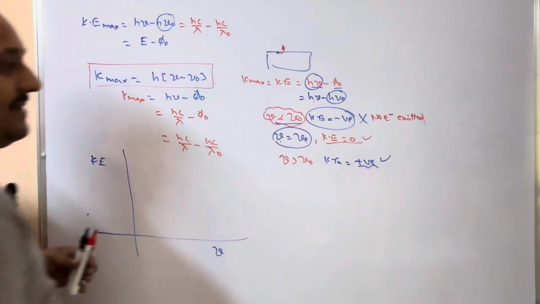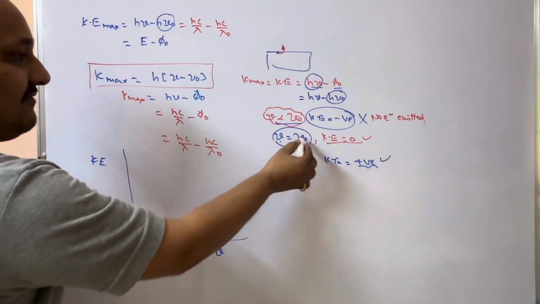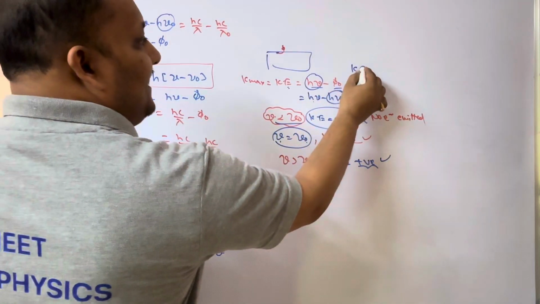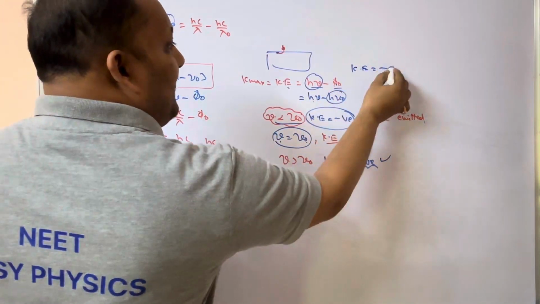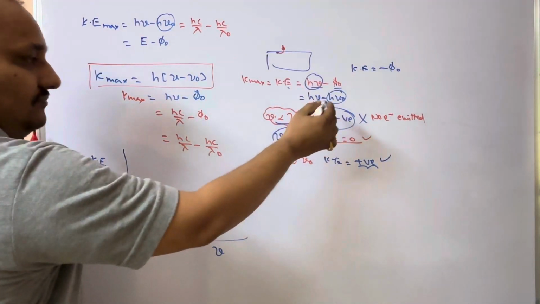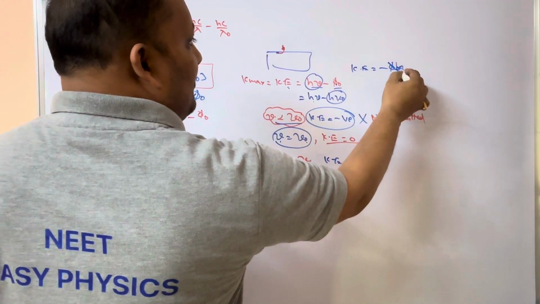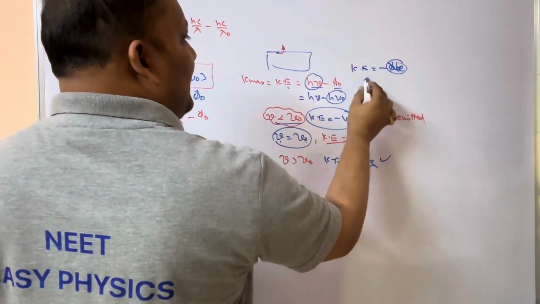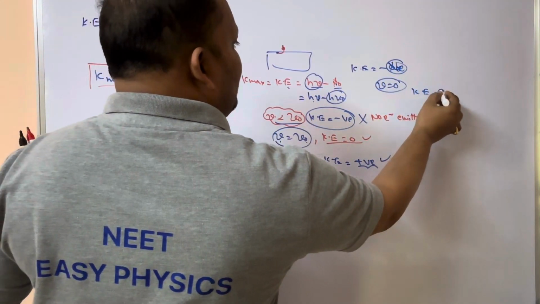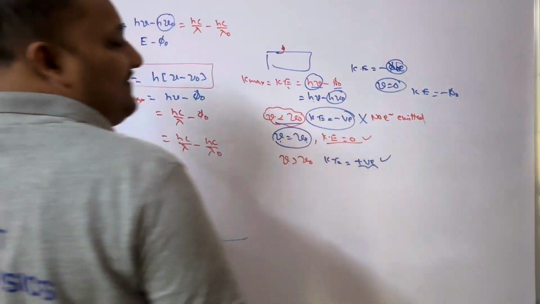Now, how the graph will be coming: whenever nu is equal to nu naught, kinetic energy is 0. If frequency is 0, kinetic energy is going to be minus phi naught, the work function, a negative value.